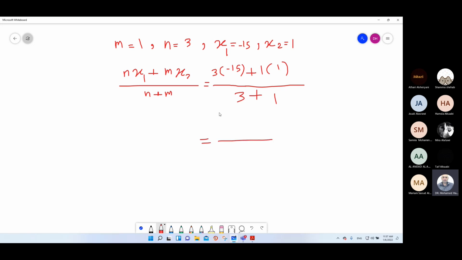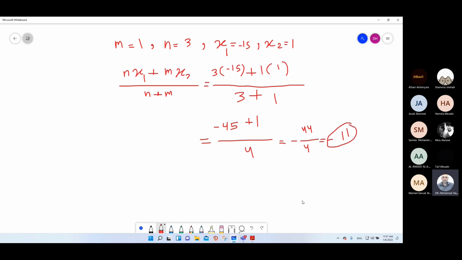Now, 3 times negative 15 will be negative 45. 1 times 1 will be 1. 3 plus 1 will be 4. Now, negative 45 plus 1 will be negative 44 over 4. 44 divided by 4 will be negative 11.